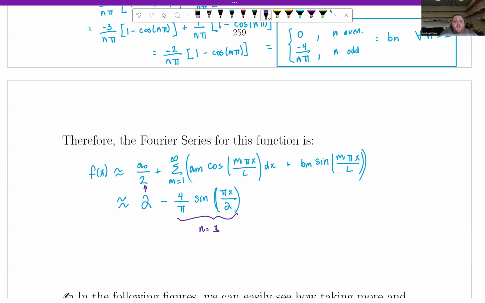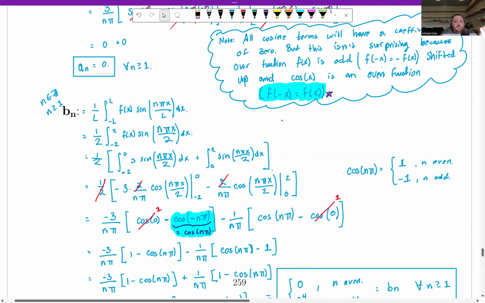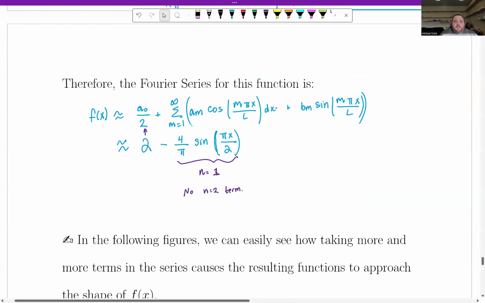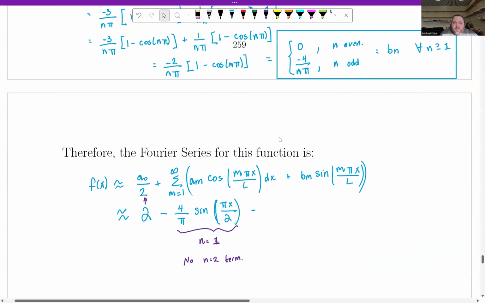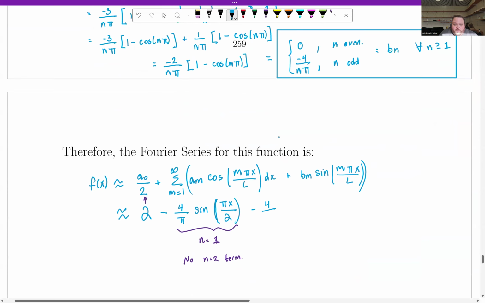Good. Then for n equals 2, there's no terms, because this is 0 and every single a coefficient is 0. But then for n equals 3, we get minus 4 over 3 pi sine of 3 pi x by 2.